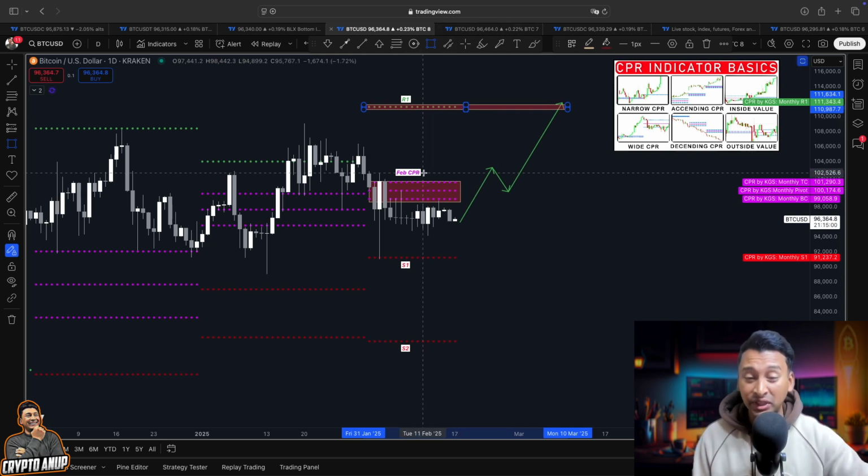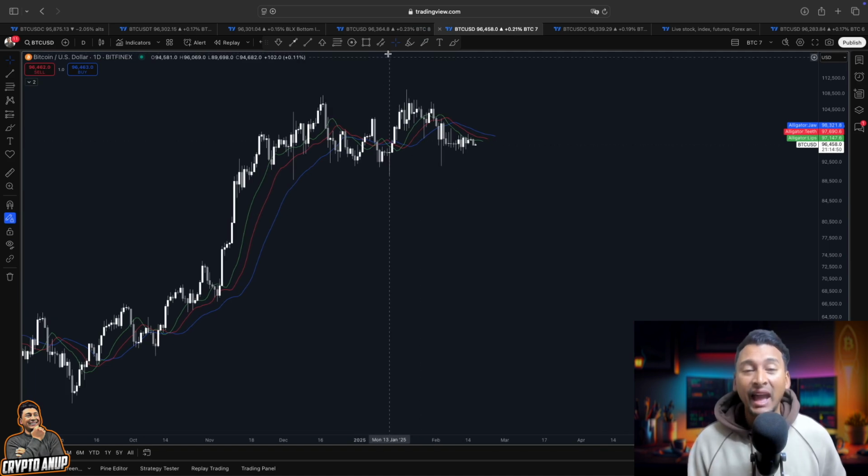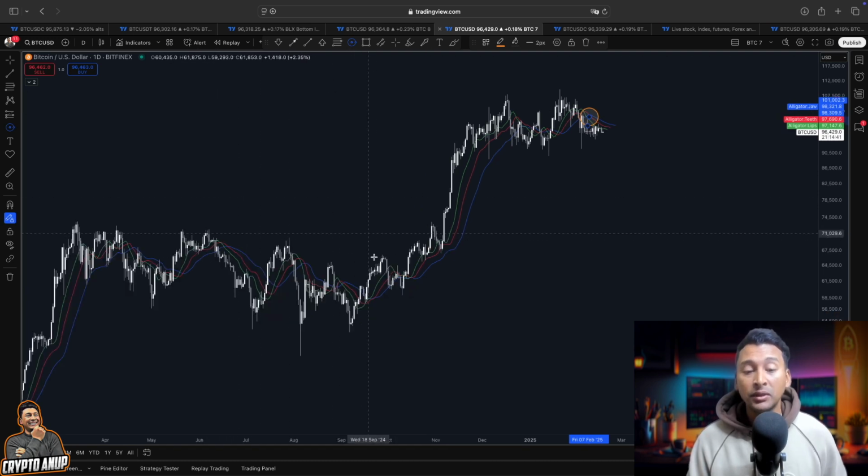But we know this resistance won't be that easy to break, because along with the CPI indicator, we also have resistance from this Williams Alligator indicator, and this crossover, what you are seeing here, is a bearish crossover. I mean, during uptrend you will always see green line appearing at the top, blue line at the bottom, but during downtrend you will always see blue line at the top and green line at the bottom.